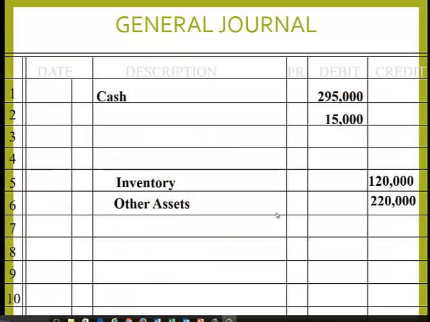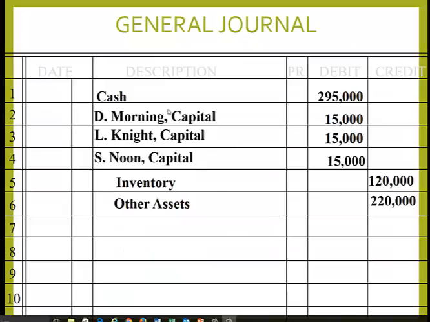So if we look over here, we're going to debit cash for the $295,000 we received. We will credit our inventory for its balance to zero it out. We will credit other assets for $220,000 to zero those out.